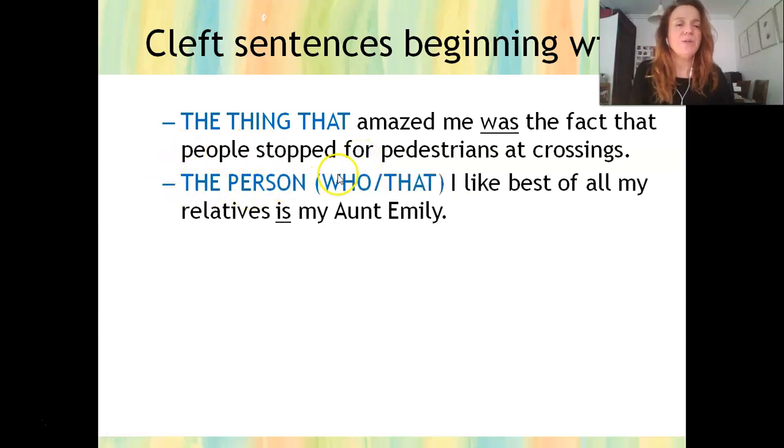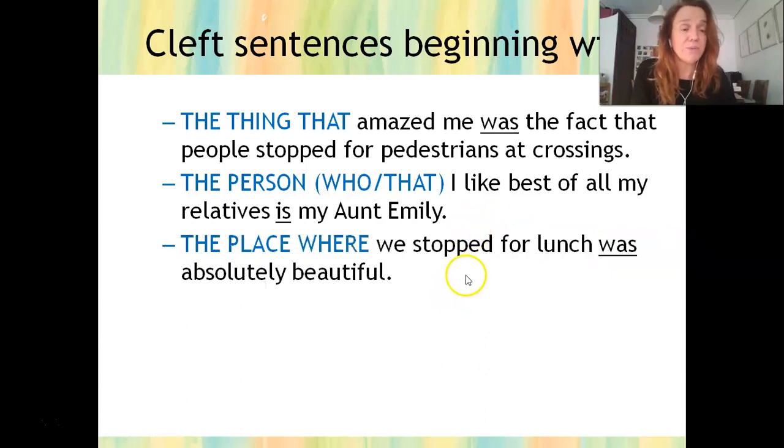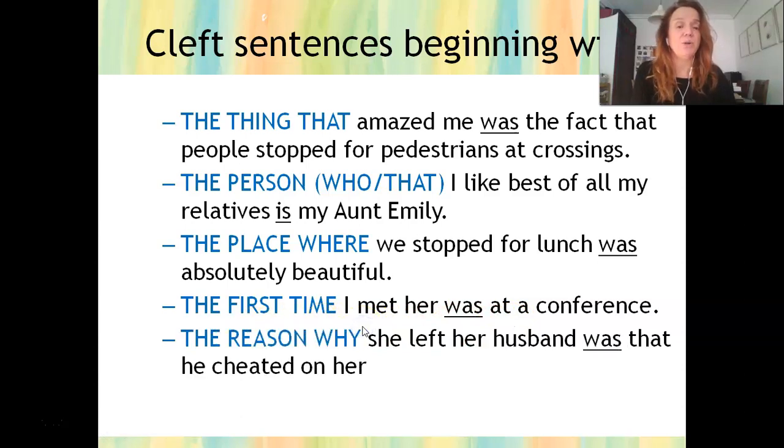Or the person who I like best, or the person that I like best, or the person I like best. The brackets mean this part of the sentence is optional. Of all my relatives is my Aunt Emily. Or the place where we stopped for lunch was absolutely beautiful. Or the first time I met her was at a conference, or the last time I saw her was at a conference. Or the reason why she left her husband was that he cheated on her.